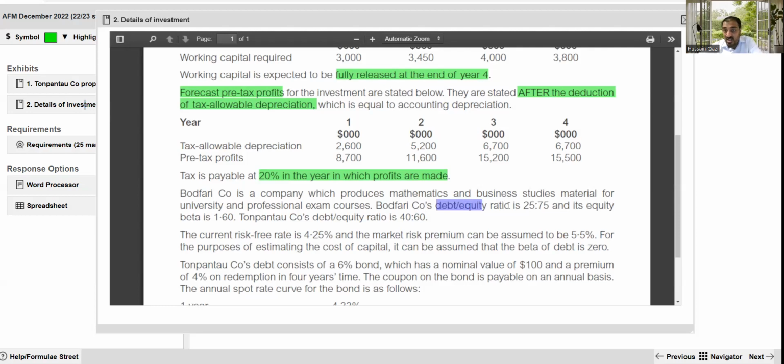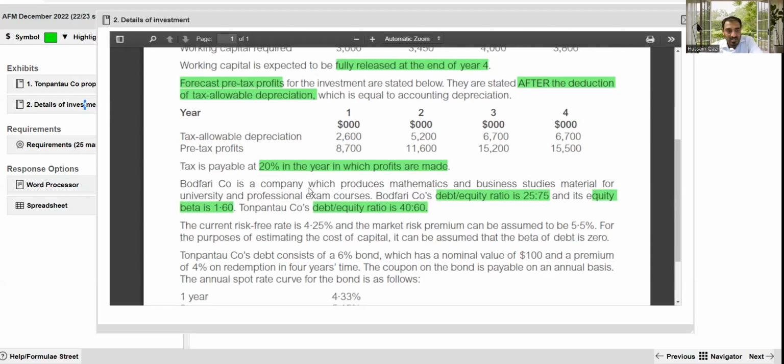Ferry Company debt equity ratio 25:75, equity beta 1.6, Tonpantau's debt equity ratio 40:60. So proxy company equity beta, debt over equity ratio, and Tonpantau's debt over equity ratio as well.